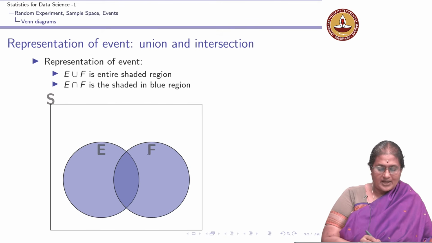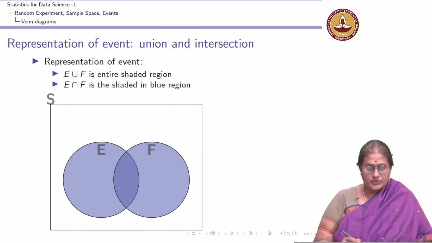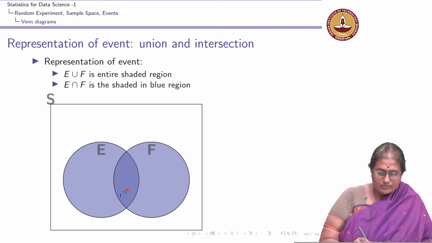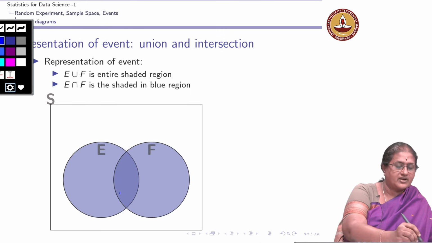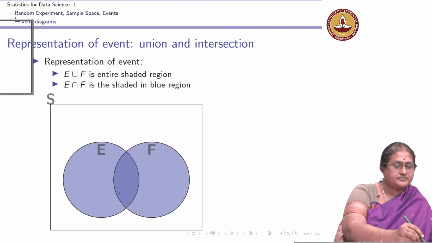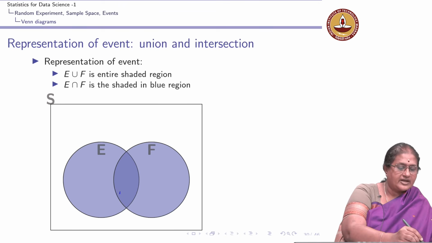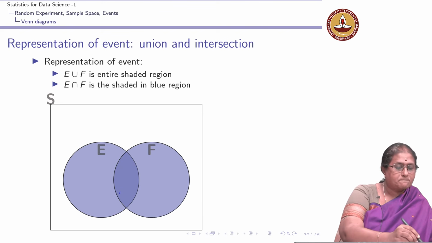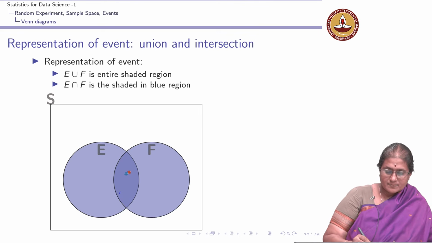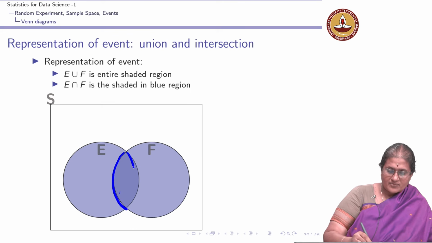For E union F, the entire shaded region is my E union F, whereas this region which I am going to highlight now, in fluorescent blue, is my E intersection F event.